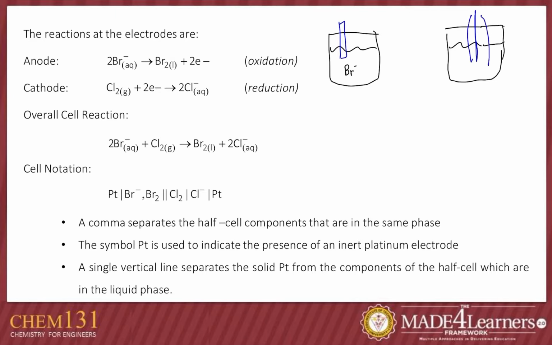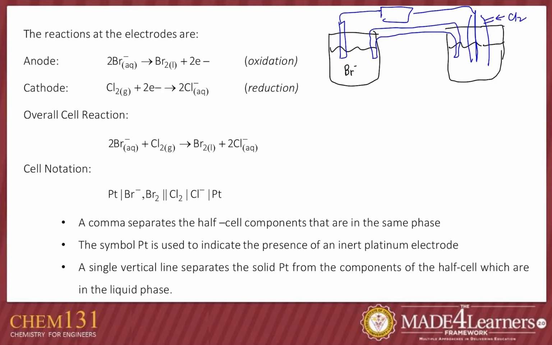Okay, so the chlorine gas, Cl2, is bubbled through there. Of course there is an external circuit, so the electrons pass through there. So this is the inert electrode, and of course you still have to connect the salt bridge.